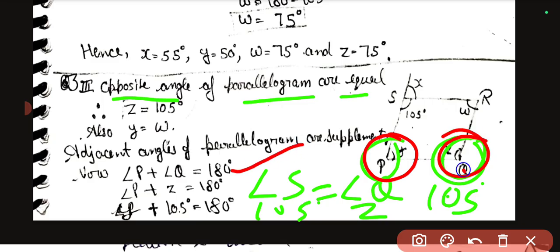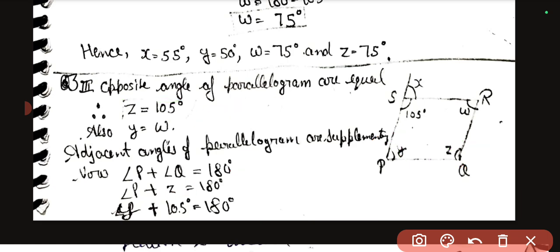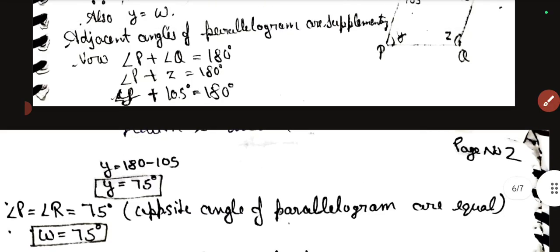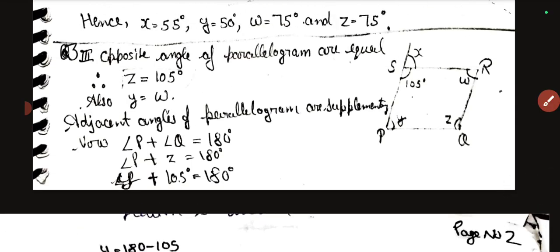What is the value of q? Here z value is 105. Using this value, 180 minus 105, the value of y is 75 degrees. Now next we have to find the value of x. This is a linear pair, you can see here.